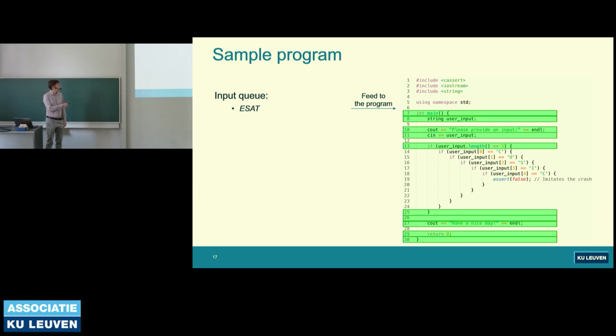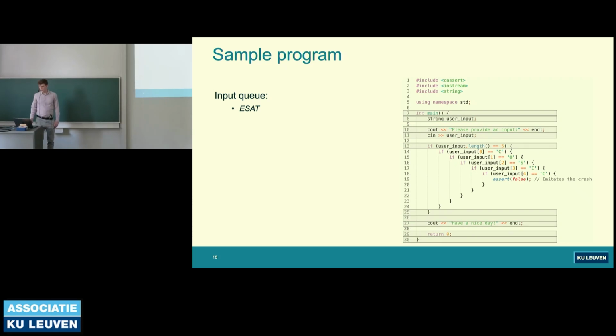As we can see, if you feed the input ESAT to the program, this will be executed, but the check on line 13 will not pass, because the length is only 4, not 5. Therefore, we will not get to line 14. We'll jump to line 25, and then the program will end the execution. This code coverage would be the baseline for the fuzzer.